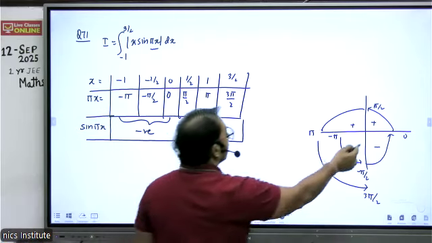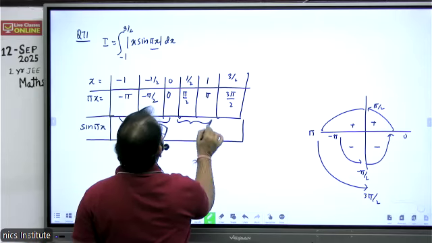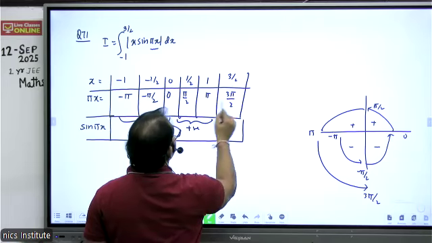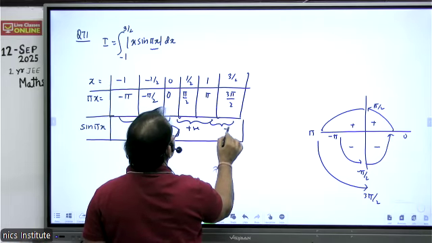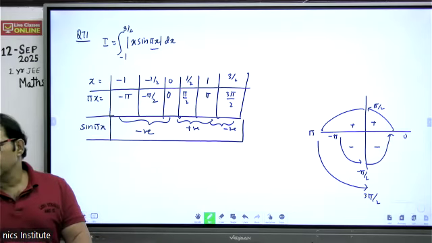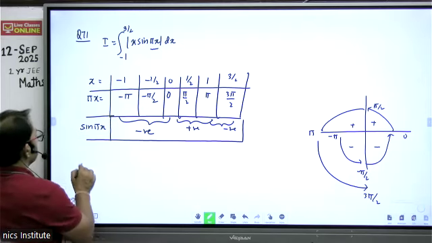From 0 to pi, it is positive. And from pi to 3 pi by 2, it is negative. But we don't have sin pi x. We have x into sin pi x.